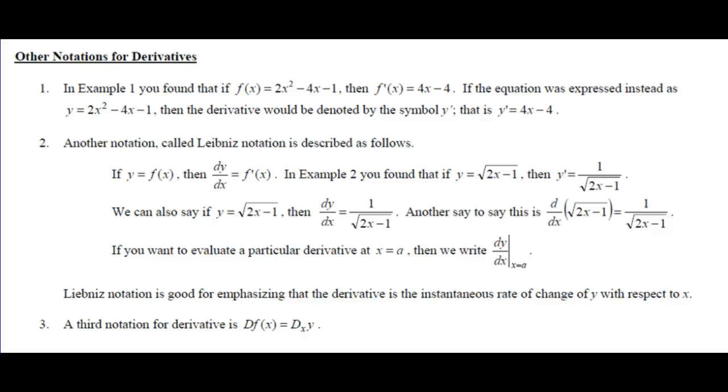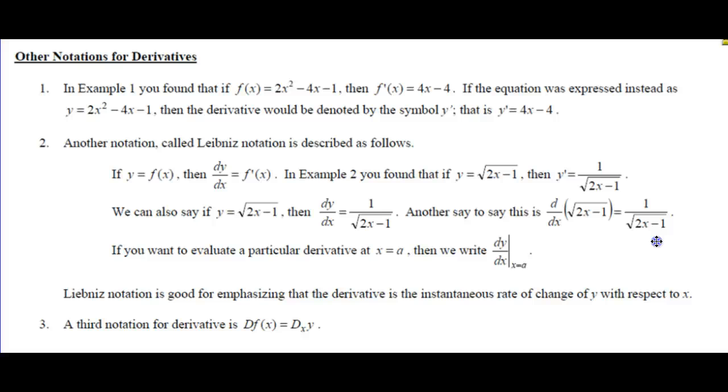Another way you can say this is to make this look like an operator, right? Like it's saying d by dx of, right? And all we're doing is, because that's y, right? Y was the root of 2x minus 1. So we're saying we'll do d by dx as if it's a differentiation operator. Take the derivative of, right, is equal to. And if you want to evaluate a particular derivative at x equals a, then we can write dy by dx and put a bar down and say x equals a, right?